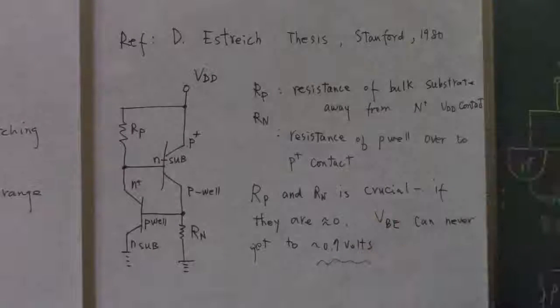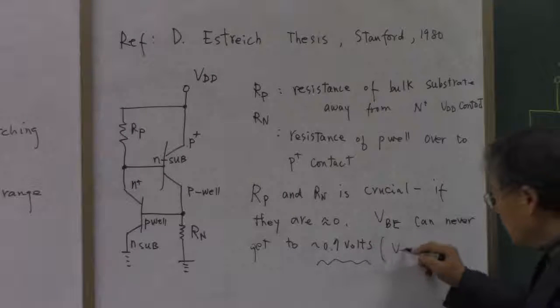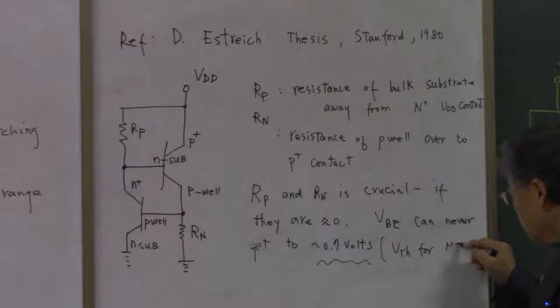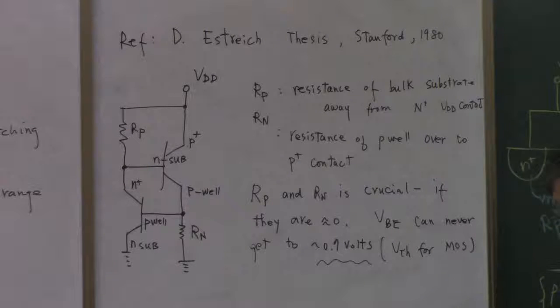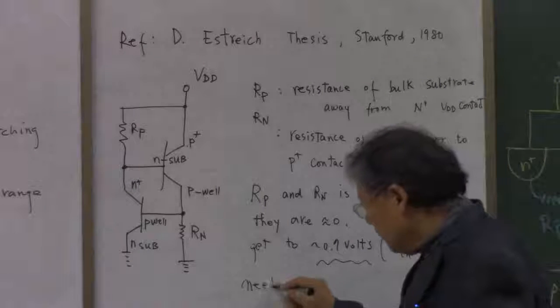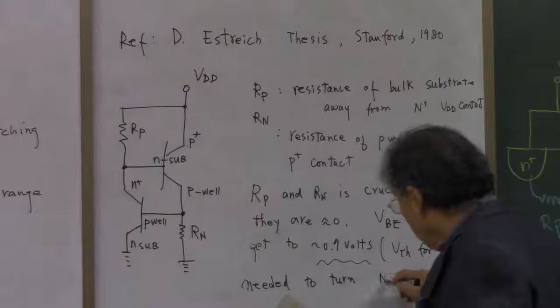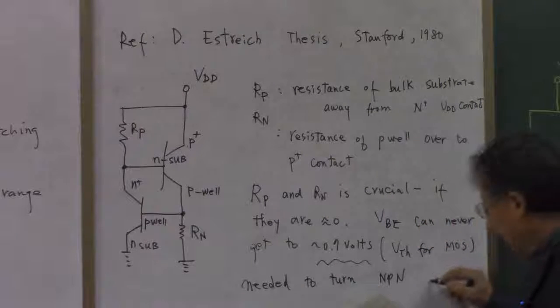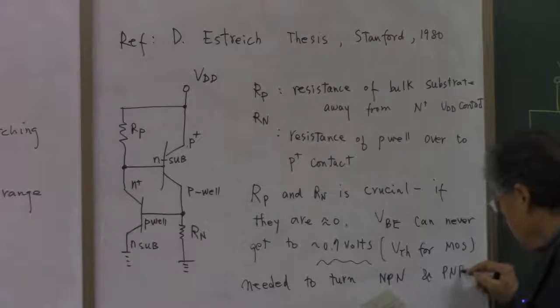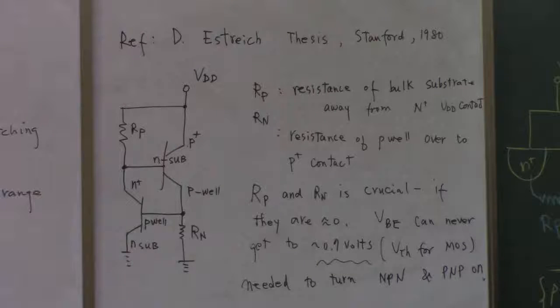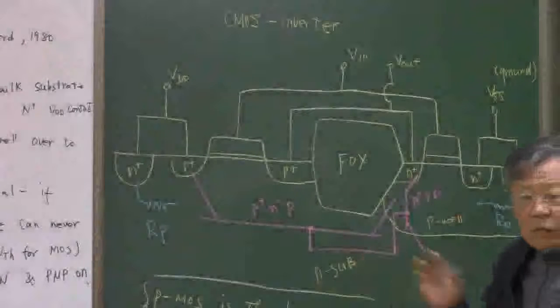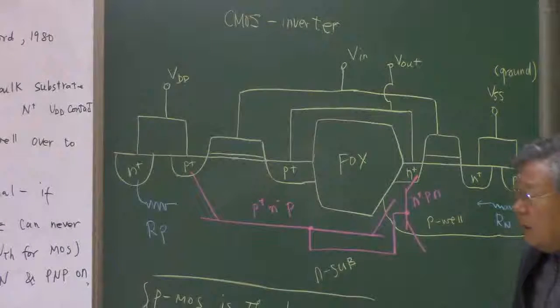That is the threshold voltage for the MOS transistors, okay? Needed to turn NPN and PNP on. So if we can minimize this RP and RN, these bipolar transistors are not going to be turned on, so that we are not going to have any latch up process.